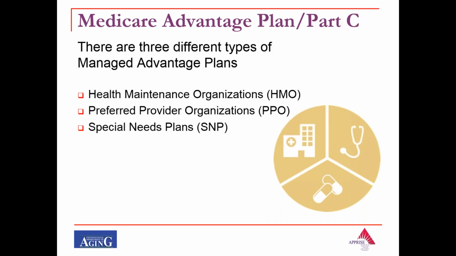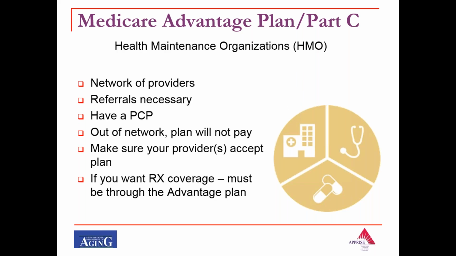Just to share with you very quickly, there are 3 different types of Medicare Advantage plans: health maintenance organizations, known as HMOs, preferred provider organizations, or PPOs, and special needs plans, known as SNPs.